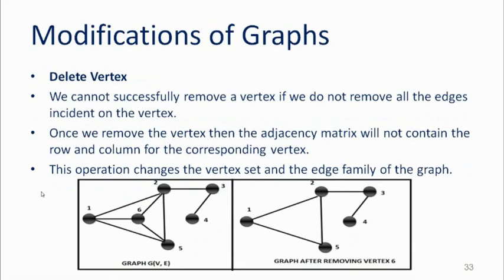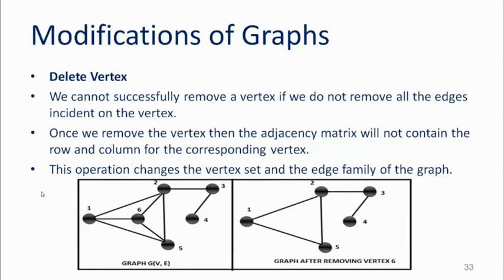Modification of graphs. What are the modifications that you can make? One is delete vertex. If you delete the vertex, you have to delete the adjacent incident edges also. We cannot successfully remove a vertex if we do not remove all edges incident to the vertex.